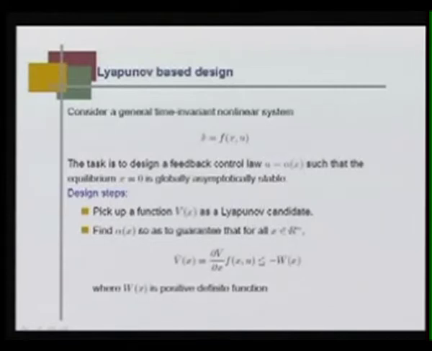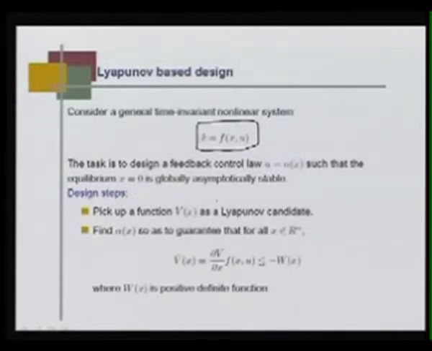Now, in a Lyapunov based design, if I am given a nonlinear system, a vector equation, x dot is f of x, u, where x is a vector, f is a vector, and u is also a vector, the task is to design a feedback control law u equal to alpha x such that the equilibrium point x equal to 0 is globally asymptotically stable.